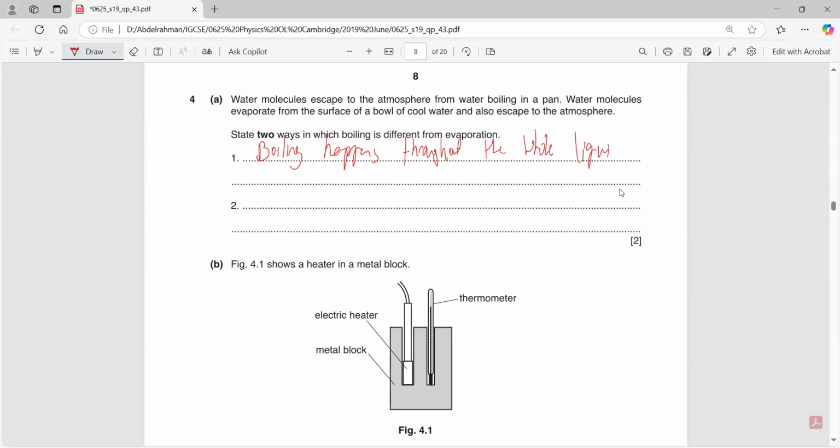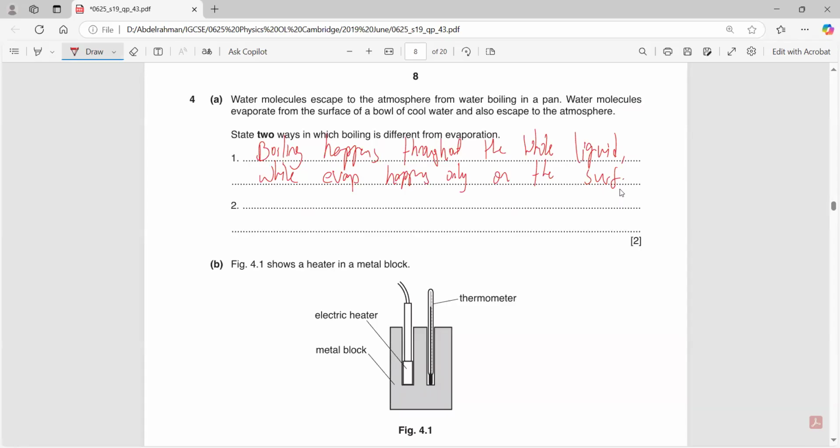while evaporation happens only on the surface. Okay.